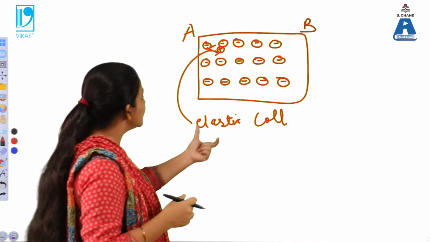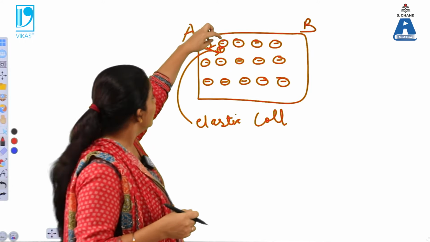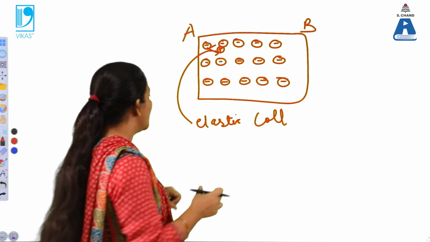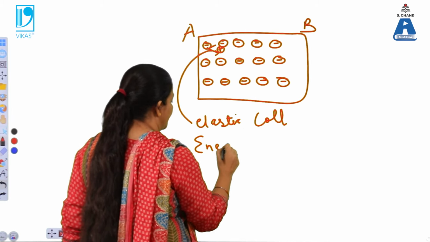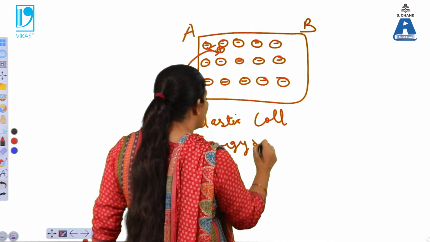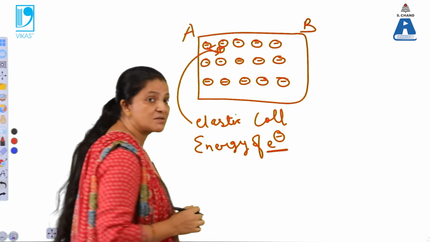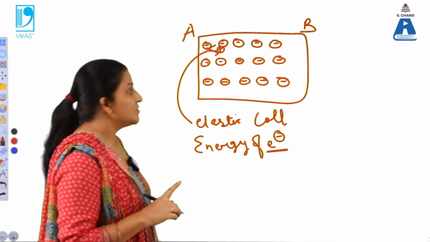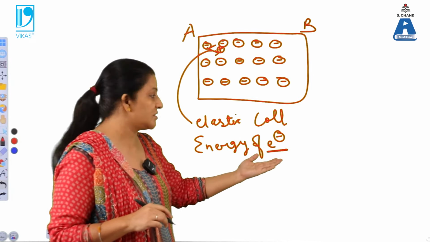These collisions are due to the positive attractive force, and there are repulsive forces also. So due to elastic collision, the energy of the moving particle, that means the electron, will always remain conserved. Energy can never be destroyed or formed in this case.